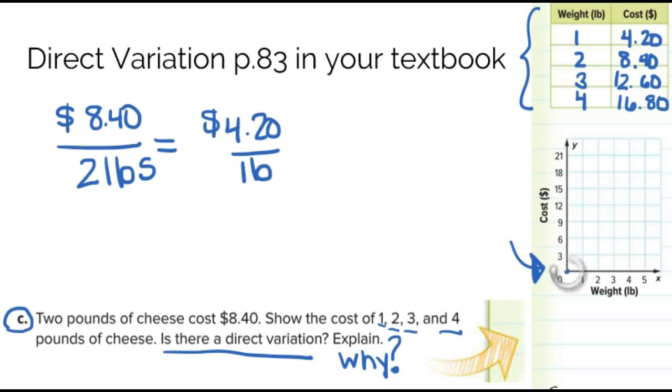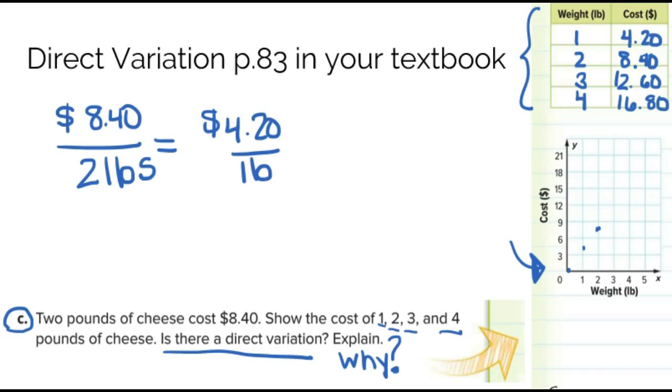Right now, I can fill out 0, 0. If I buy 0 pounds of cheese, let's hope the cost is going to be $0. 1 pound is going to be, you've got to eyeball this a little bit here. This is going up by 3s. So $4.20 is probably going to be right about there. 2 pounds, when I go up to $8.40, let's say that's there.